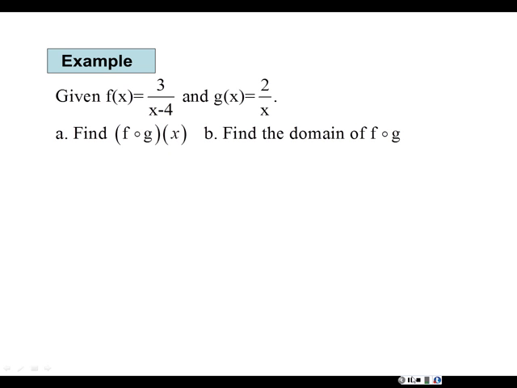This was your f of x originally, right? This was the original f of x. Look at the question. Now by this, what do you mean? Replace the x by 2 over x. So this was the x, right? Replace it by 2 over x. I think we can do this, right?